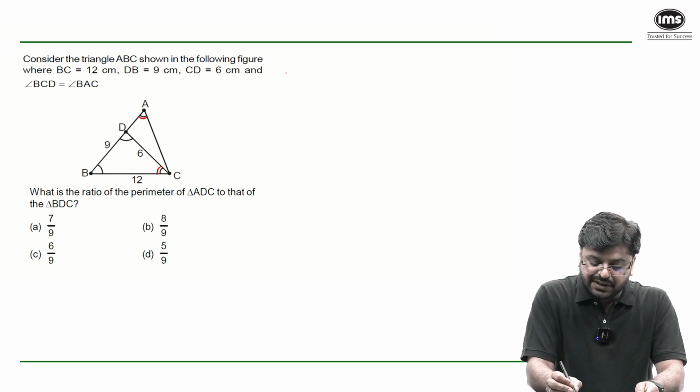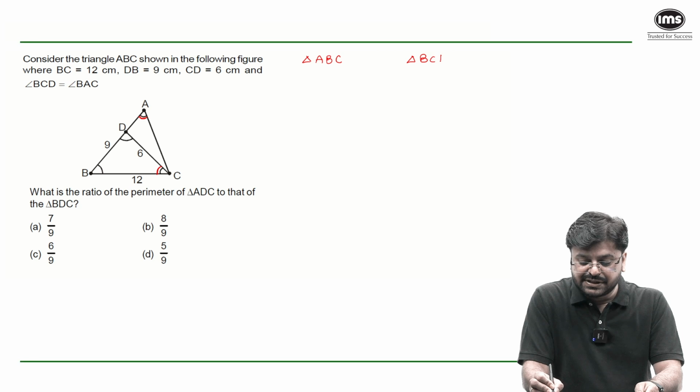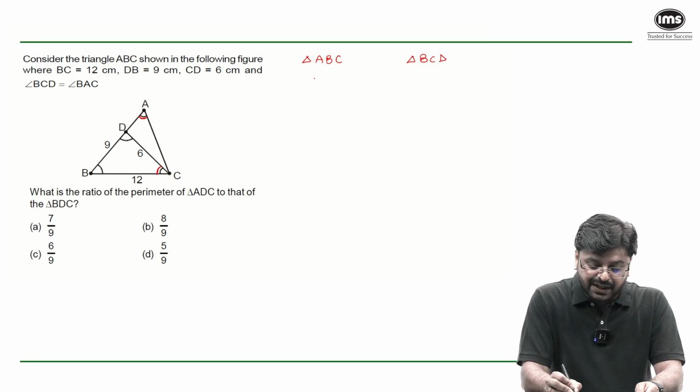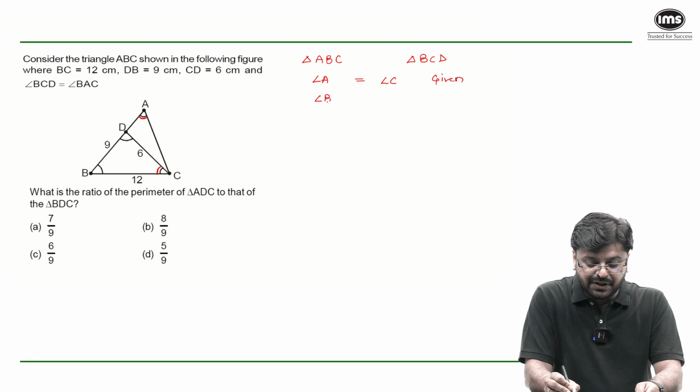Now, in the given figure, in triangle ABC and triangle BCD, angle A equal to angle C, given. Angle B is a common angle.